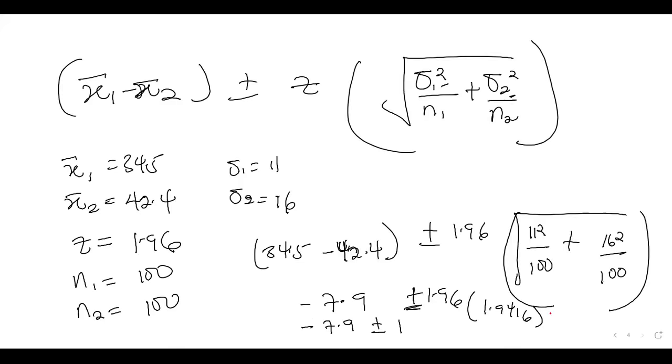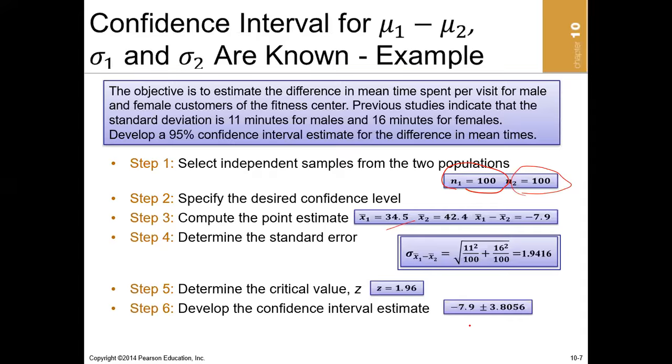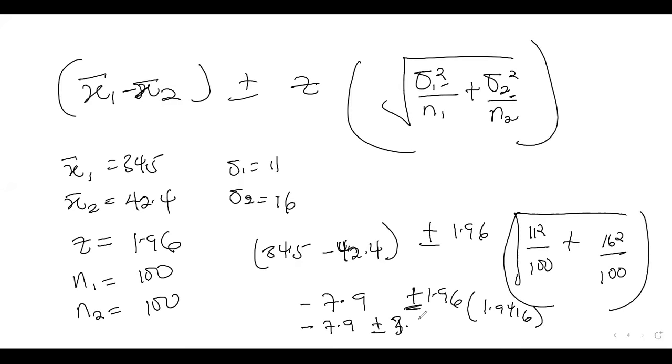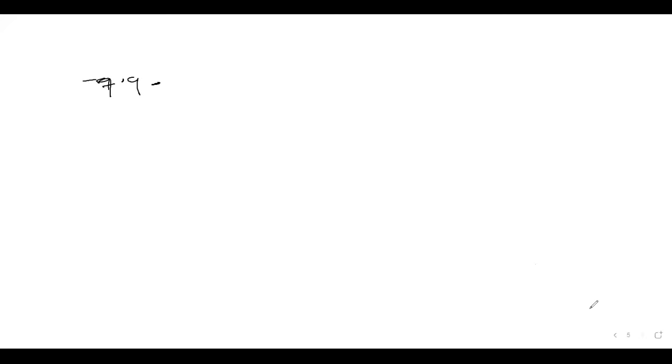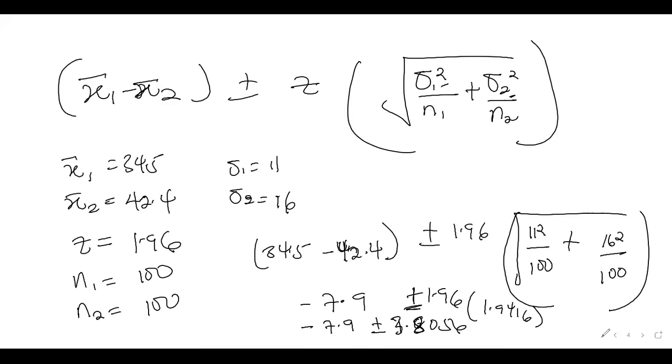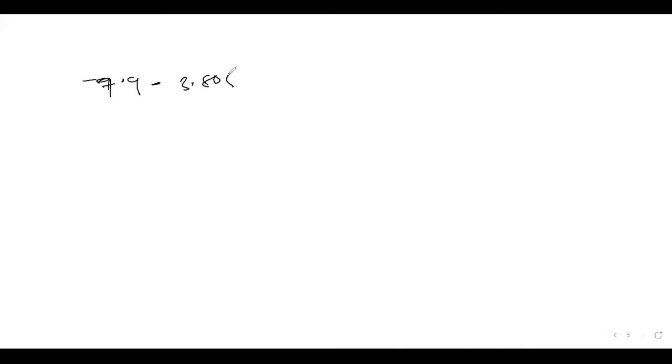Approximately, you are going to get 3.8056. When you expand it, because here we have plus or minus, it's going to be minus 7.9 minus 3.8056. That's the minus side. Then the plus side will be minus 7.9 plus 3.8056.